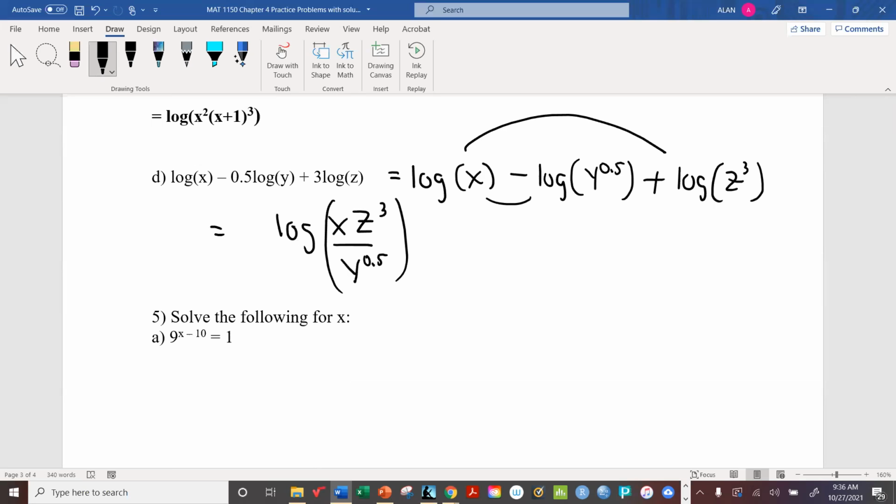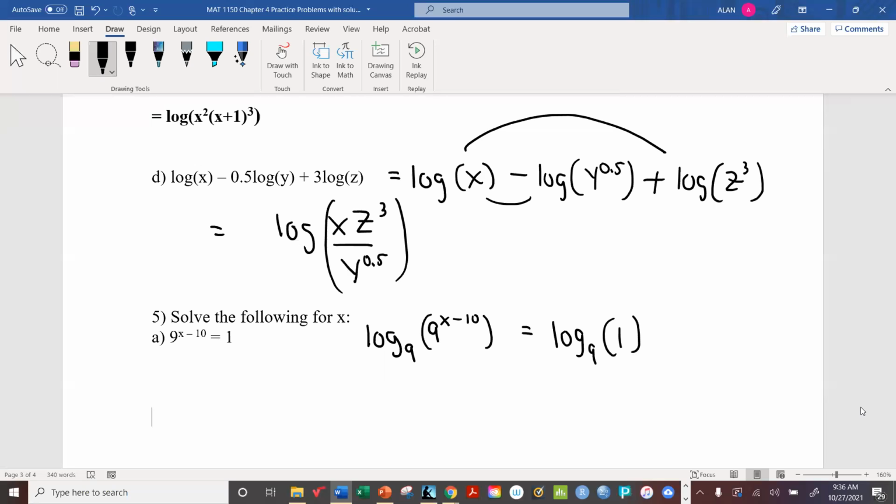So in other words, what I'm about to do is just take the log, but I'm taking a specific log. I'm taking the log of base 9 of both sides of the equation.